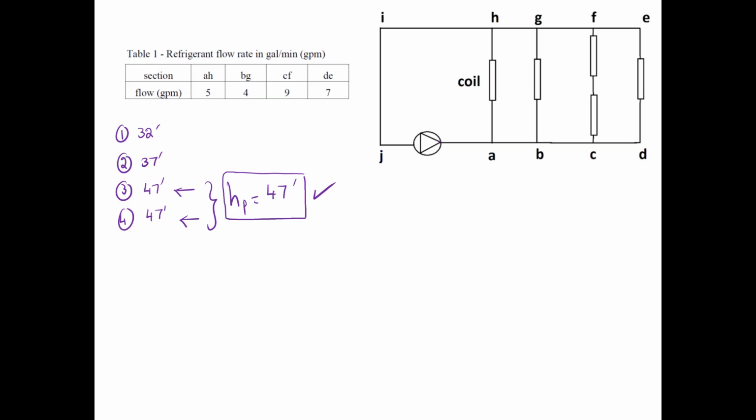And then we need the power. We already calculated the flow rate for the pump, so that would be equal to 5 plus 4 plus 9 plus 7. That's equal to 25 GPM.